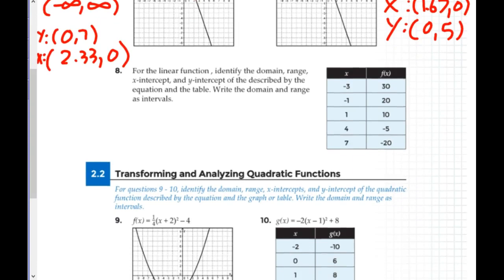Identify domain and range, x-intercept, y-intercept of the description by the equation in the table.